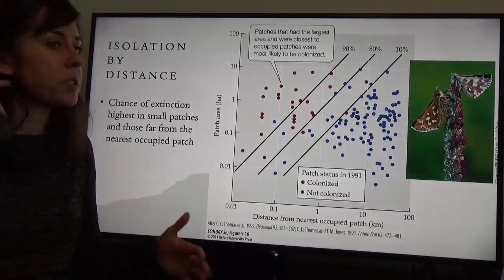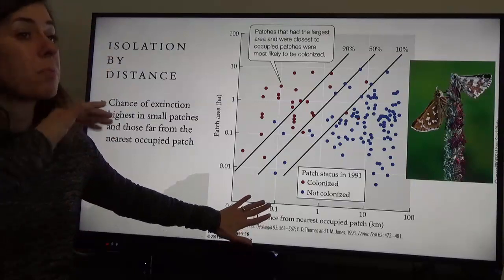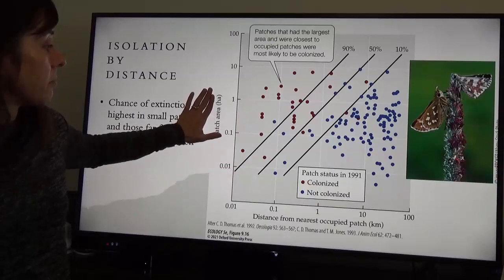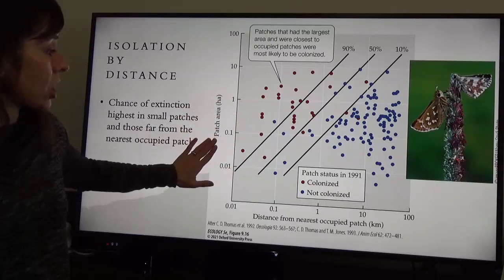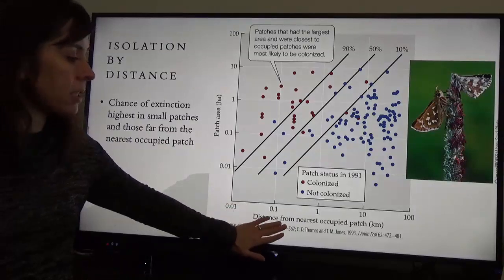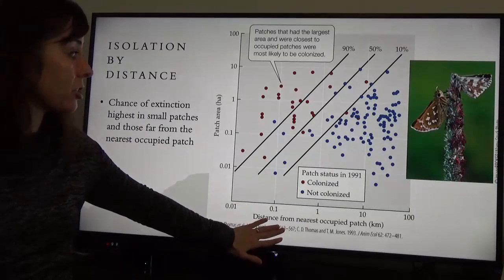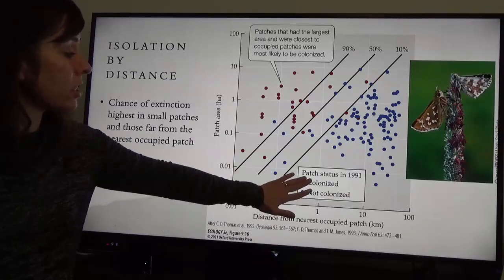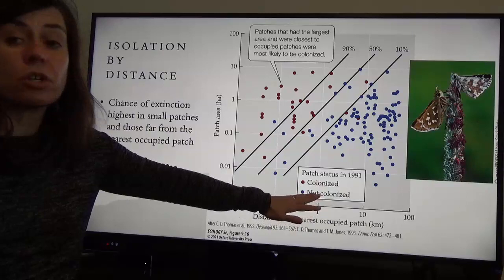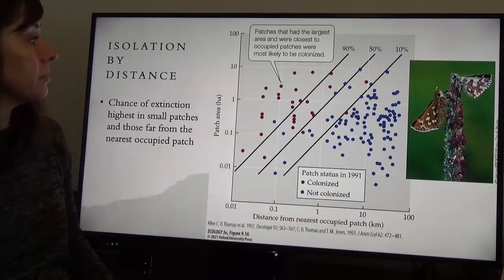So the authors of this paper went out and mapped the available habitats and looked at both patch area, so how large was the fragment on the landscape, and how distant was it from the nearest occupied patch, okay? And then they looked at whether or not in 1991 that patch was colonized or not colonized, okay?